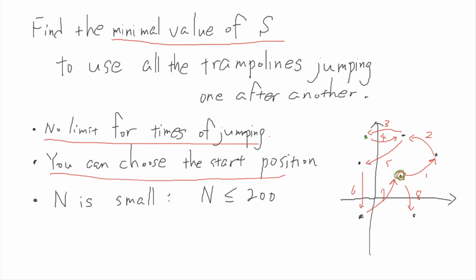If you want, you can go back to the trampolines you used before. So the settings are very complicated, but note that the number of trampolines n is very small, which means n is less than 200. This is a very important constraint.